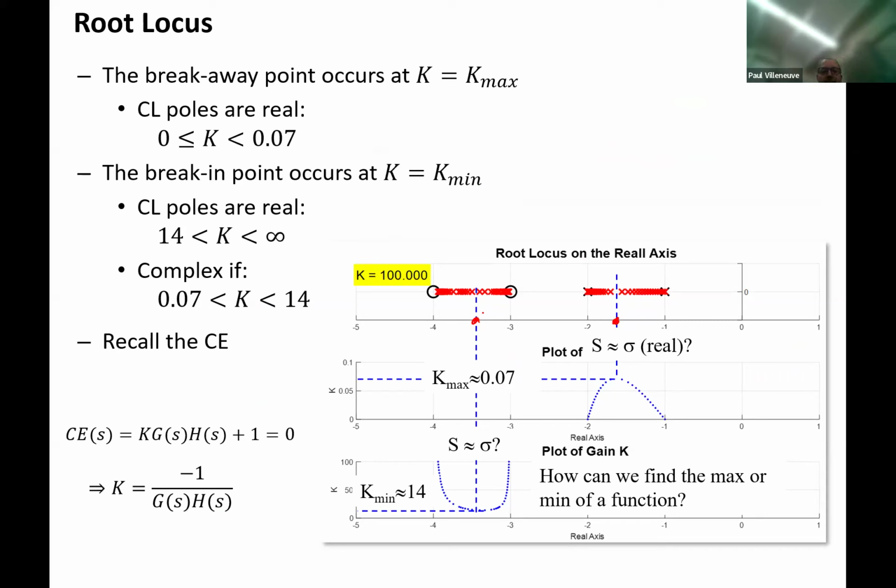The two pictures below? Yeah, because this right here is a plot of the gain. This is not the root locus, that's the gain plot. Remember, what I'm trying to do is find the maximum and minimum of the gain so that I can use that to calculate where it leaves the real axis. I don't actually need the value of K. I just need to know when that slope equals 0, then I have a valid root locus.